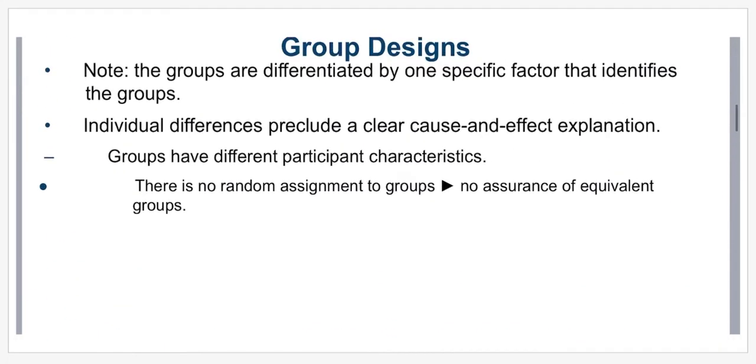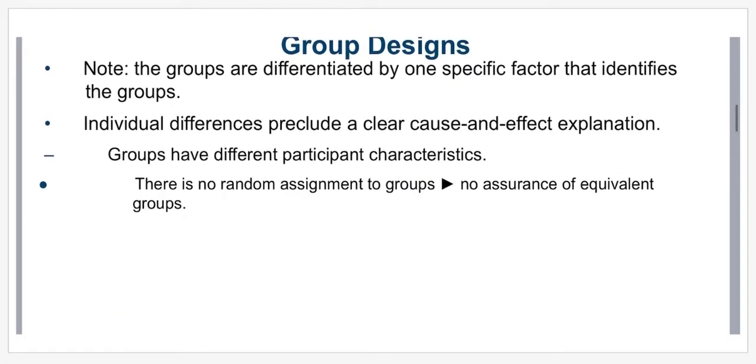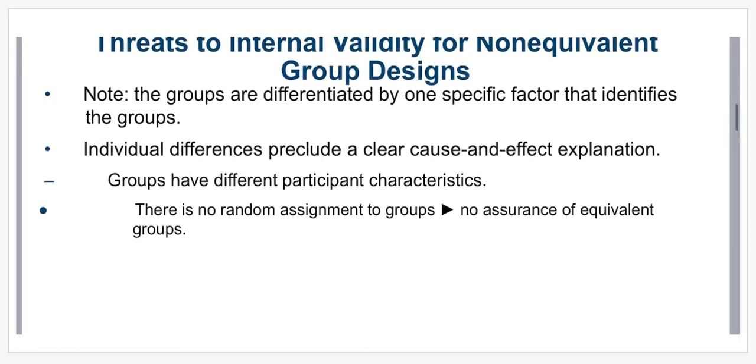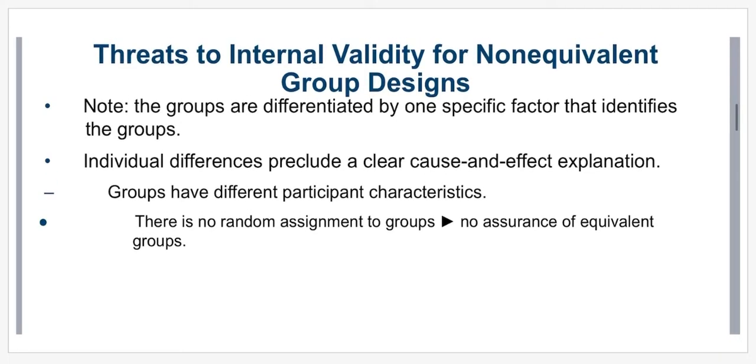So with the individual differences here, we can't do a clear cause and effect explanation because there are so many other individual differences that have to be taken into consideration that could have an effect. The groups have different participant characteristics, right? There are things that could affect the dependent variable, which is performance.